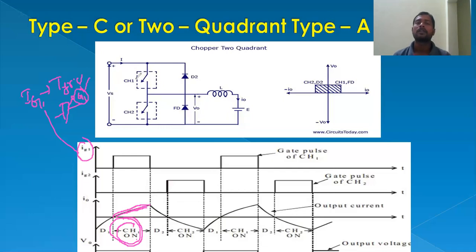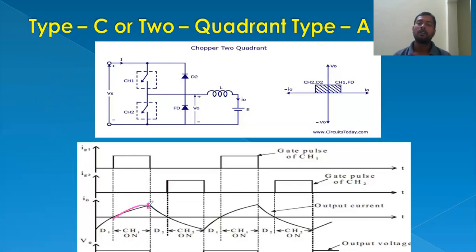And if you want to turn off the SCR, we should use commutation techniques: class A commutation, class B commutation, class C, class D. Any commutation technique we use must belong to forced commutation. So here the inductor will store energy when the chopper is on.